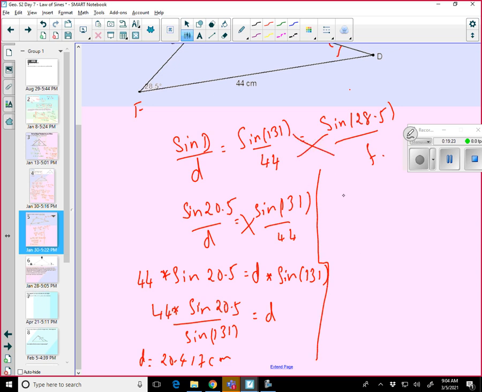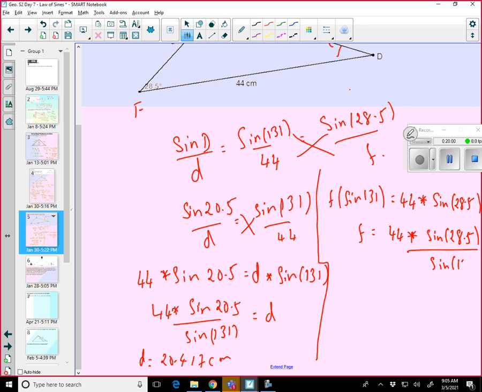Cross multiply these two, so you'll have F times sine 131 equals 44 times sine 28.5. Then dividing by sine 131 on both sides, we'll get F equals 44 times sine 28.5 over sine 131.